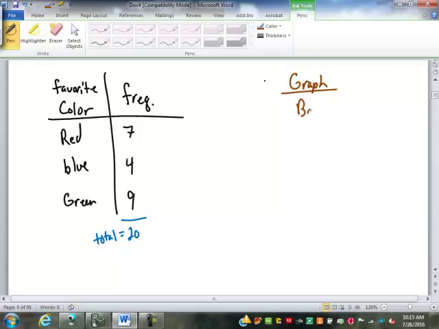One type of graph I can make is a bar graph. A bar graph can be done one of 2 ways. I can either have the categories across the bottom here, and some sort of a scale up the side.